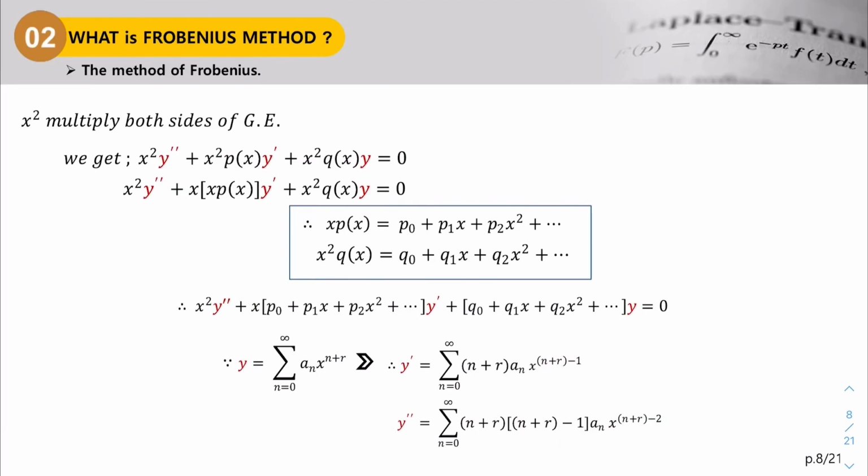After that, we multiply both sides of the GDE by x squared. The GDE is y double prime plus p(x) y prime plus q(x) y equals 0.